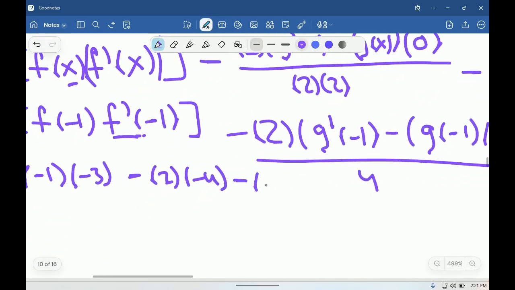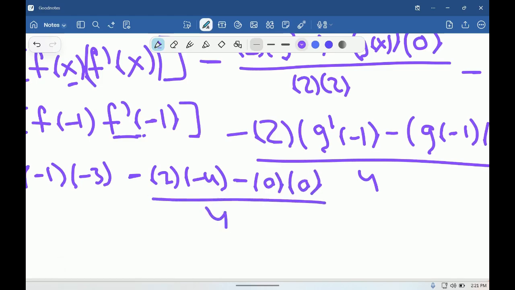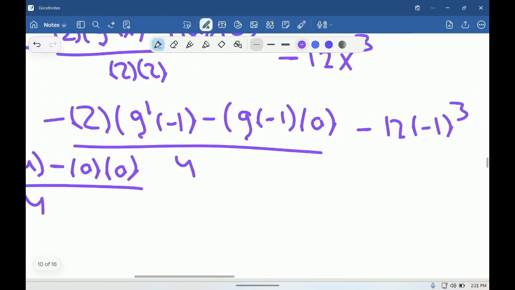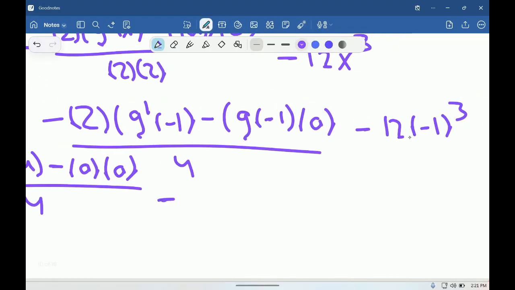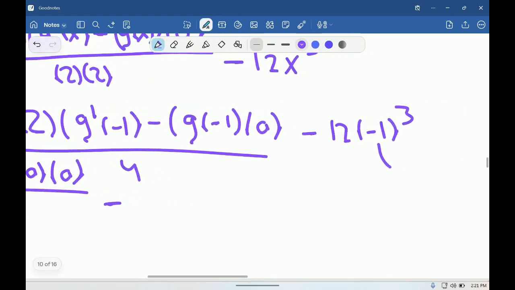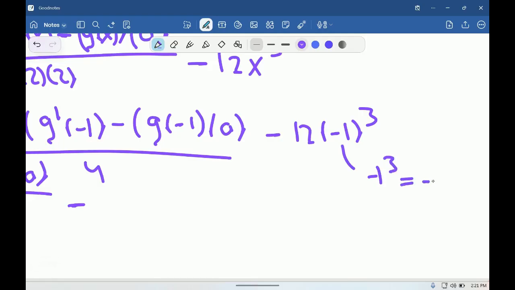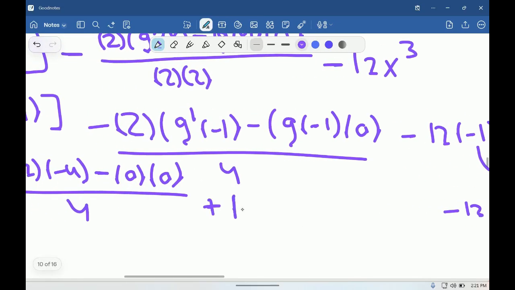And then we know that 0 times 0 is just going to be 0. And this is going to be over 4, so we're going to simplify that in a minute. And then minus 12 times -1. -1 is going to stay -1 because -1 to the cube is just -1. So -12 times -1 is equal to 12 plus 12. So we're going to do that.